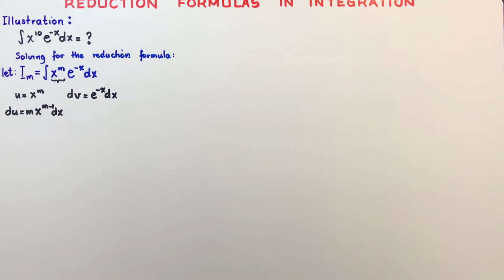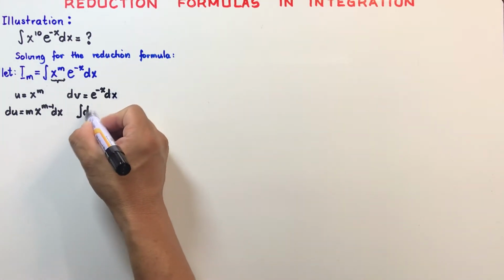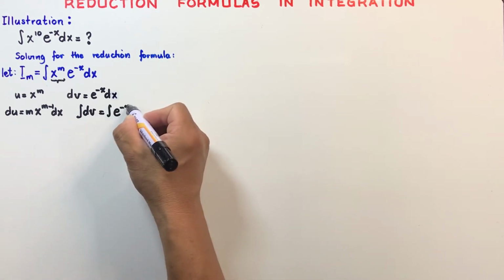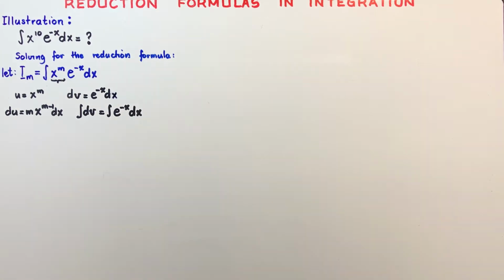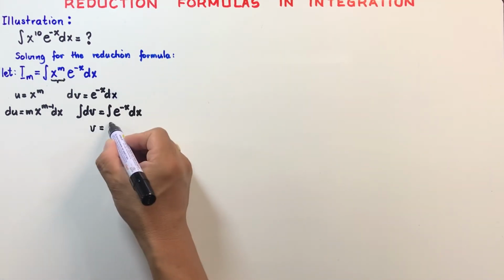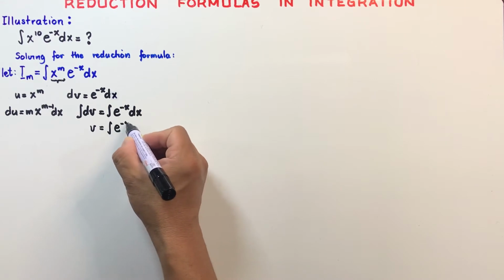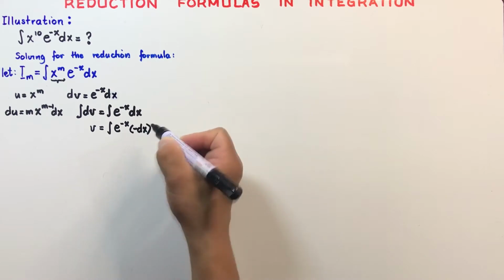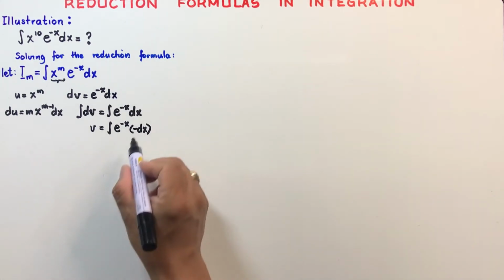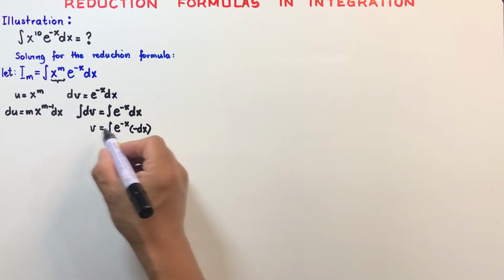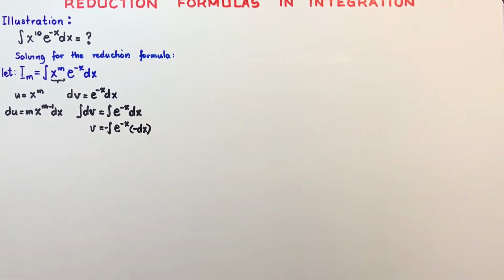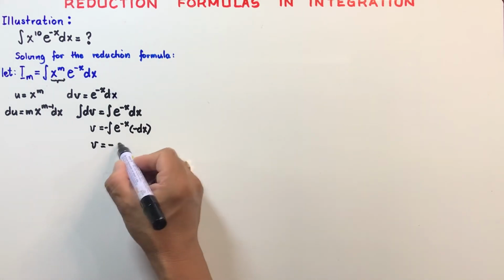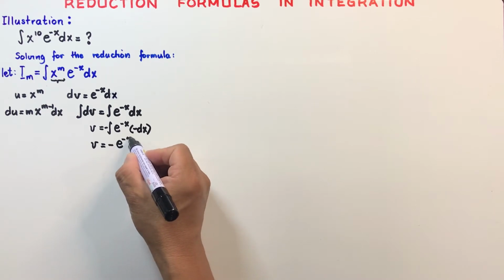But for our v, we need to integrate our dv, so we have the integral of e to the negative x dx here, and to integrate the e to the negative x, we should have a negative dx here as the differential of negative x. So to neutralize the added negative here, I need to have a negative in front of the integral. So therefore, our v is equal to negative e to the power negative x.